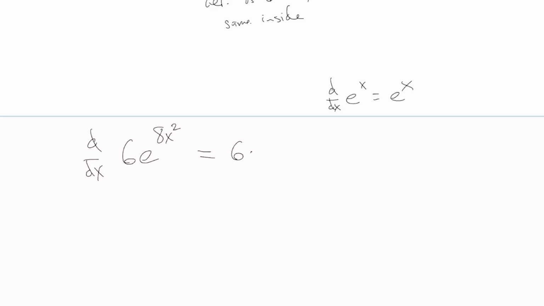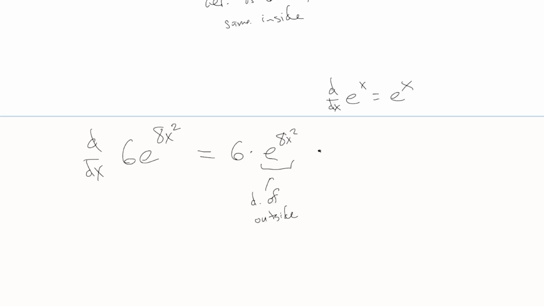But then I have now the derivative of this e to the 8x squared part. I do the derivative of the e part first, which is the same again, because that's what the derivative of e to the x is, e to the x. So this is going to be e to the 8x squared again. That was the derivative of the outside, which was the e part. And then times the derivative of the inside.